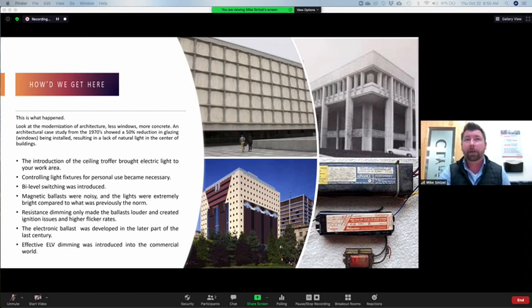So the technology got better with the introduction of ELV, which lets us get into ELV dimming. We'll get into what the difference is between triac, ELV, and we'll touch on a little bit of 0 to 10 stuff. All of this is to get a handhold on what we're seeing in technology today with our luminaire light level control, because it's done many different ways.